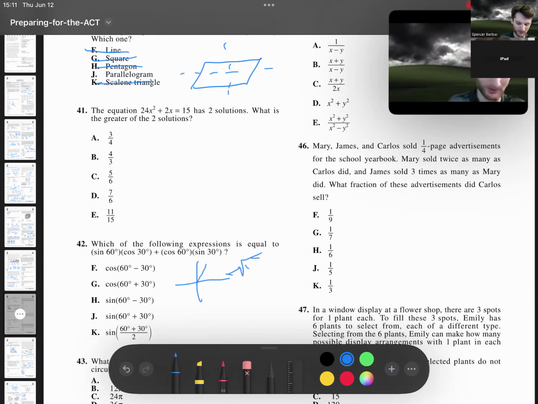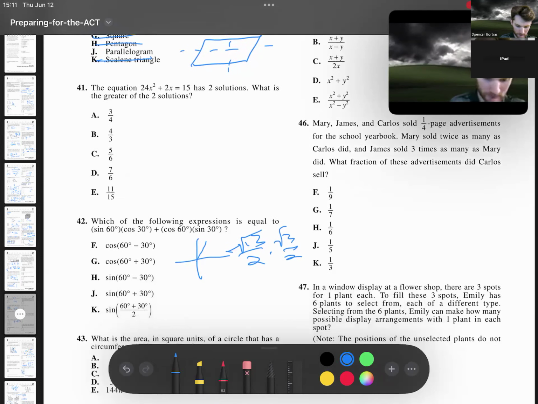Square root of 3 over 2 times square root of 3 over 2 plus 0.5. This seems like a weird answer, and this would give a weird answer. The 42 I'm going to put as K.